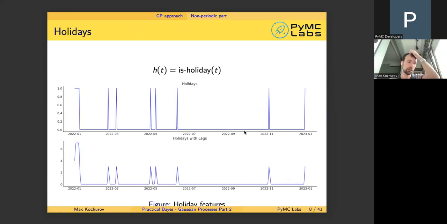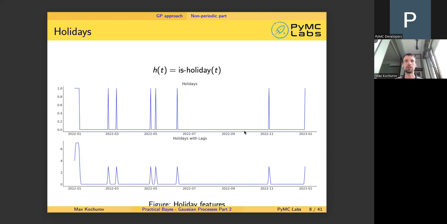As for holidays, I decided to include a brief idea about what you can do with them. Traditionally, holidays are represented as a Boolean mask over the time series, and if there is an event, you try to measure the holiday effect. Your holidays are distributed in time. Some holidays are longer than others. Maybe your clients act not just on the specific date of your holiday, but in a period after or before the holiday.